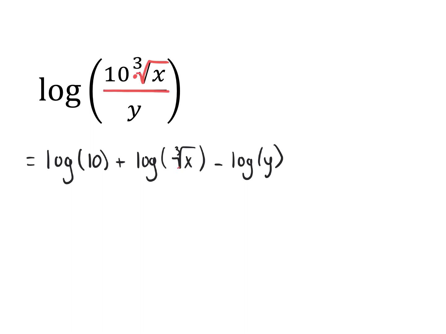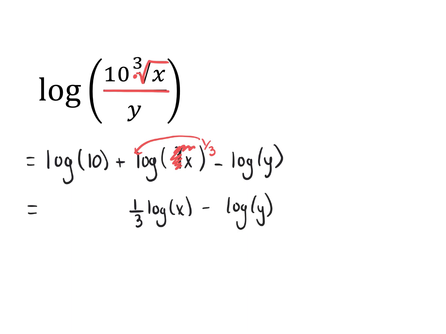This square root, not square root, but cube root, I'm going to get rid of that and replace it with a 1/3 power. And then I can drop that 1/3 power down as an exponent. So I have 1/3 log of x minus log of y. But remember, log is just common log, so log base 10 of 10 is just 1. And that's as simple as I can get.